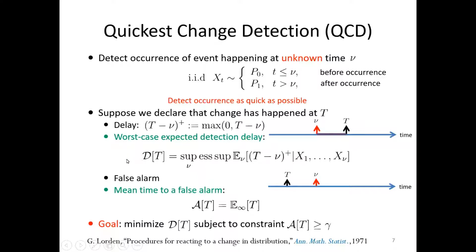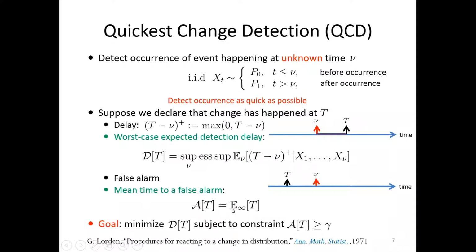This is our first metric. For the second event, that is the false alarm, our t is before v. Here we use the mean time to false alarm to measure the performance of this t. By the way, I use the subscript v here to denote that the underlying distribution is P0 before v and P1 after.